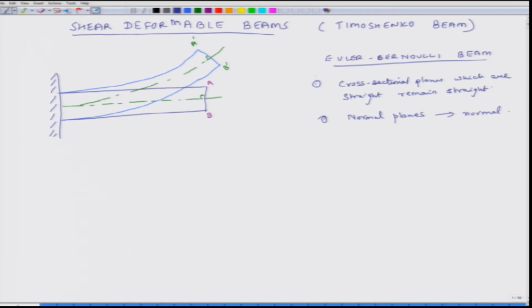So, if these two conditions are met, then our beams fall in this category called Euler Bernoulli beams.